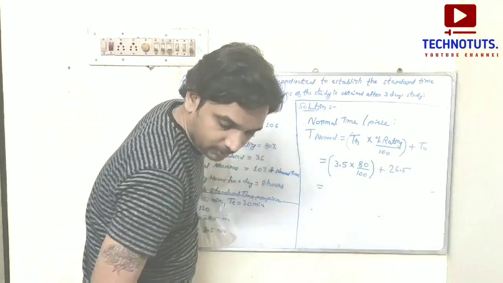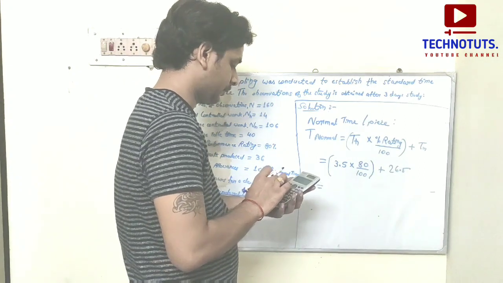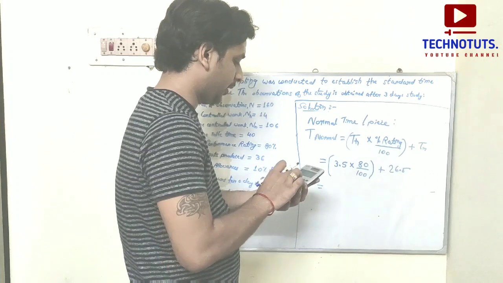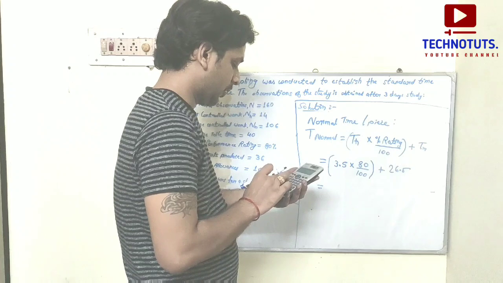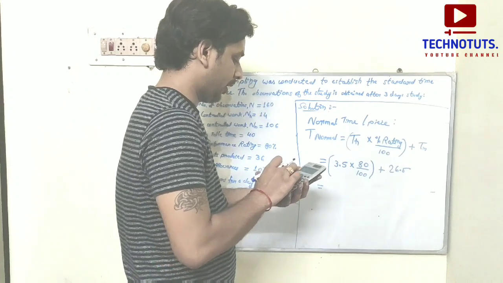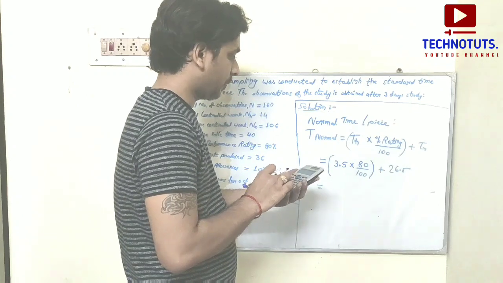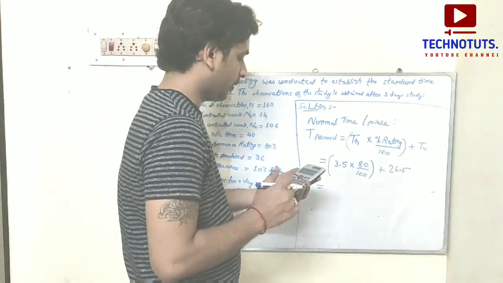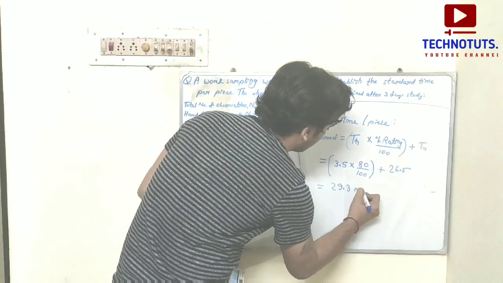Let's calculate: 3.5 into 80 divided by 100 plus 26.5 gives 29.3 minutes.